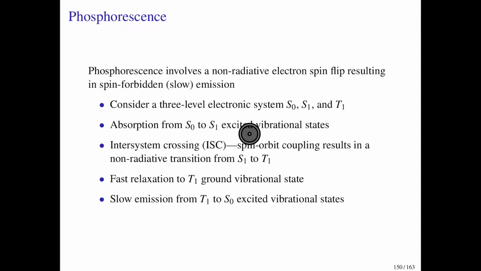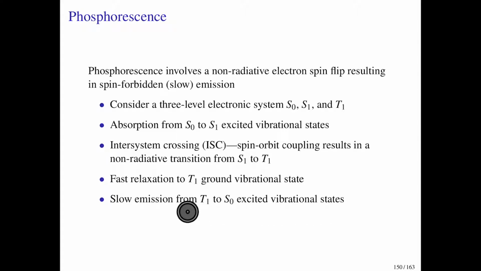In the course of vibrational relaxation on S1, the system, in the case of phosphorescence, undergoes an intersystem crossing that takes it in a non-radiative way from the excited state singlet to the excited state triplet. That triplet can then relax down to its ground vibrational state, and then you'll have emission from T1 to S0 and various excited vibrational states of S0.